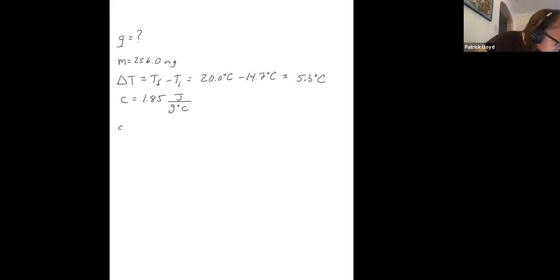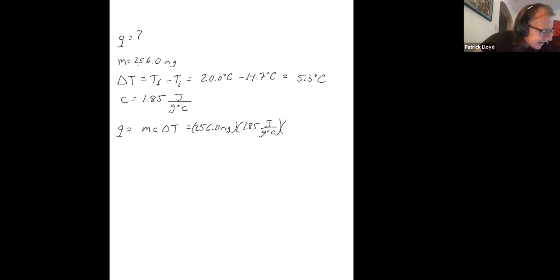Okay. Now we want to find Q. Well, we come back to our equation here, m C delta T. 256.0 milligrams. Our C is 1.85 joules per gram degrees C. And then our change in temperature is 5.3 degrees C. So look at the dimensional analysis here.